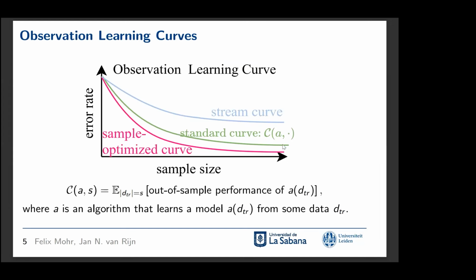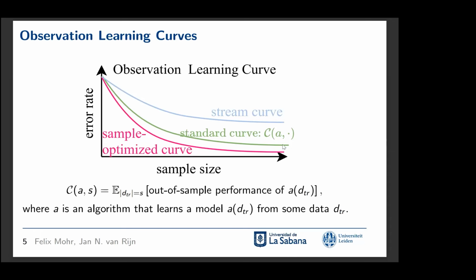There's not a lot of formalism in this talk, but since we can easily mix up different types of learning curves, at least there's some notation. To describe these learning curves we have a function C, just for curve, which has 2 arguments: A, which is the learning algorithm, and S, which is in this case the sample size.